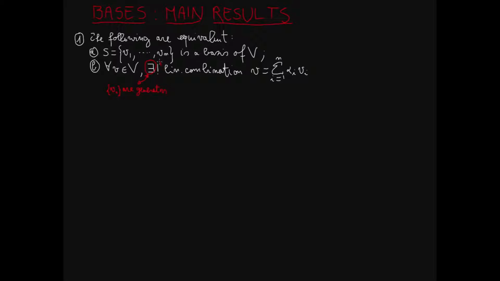And the uniqueness of the linear combination is equivalent to the linear independence of the vi's. The vi's are linearly independent.